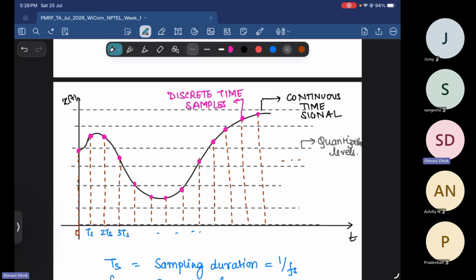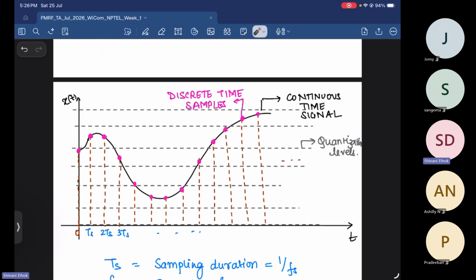And what we will do is take the nearest point. For this sample, we'll assign that particular quantization level which is closest to it.